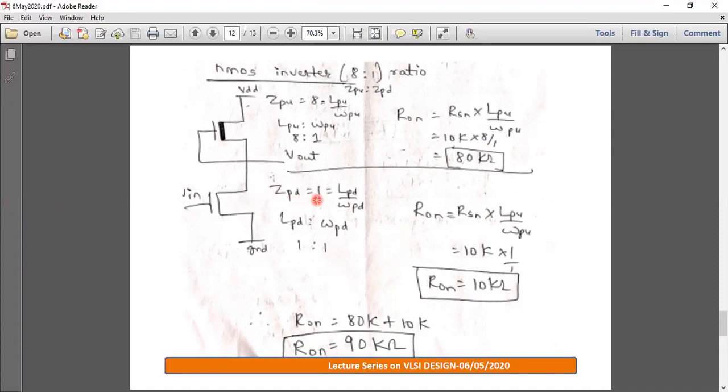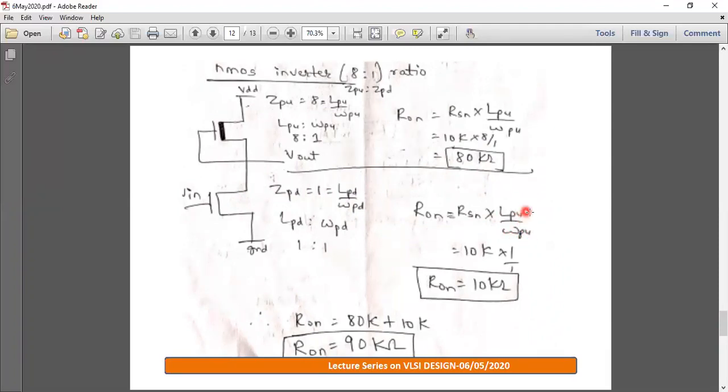Pull-down ratio is 1. So ZPD is 1 and Z can be written as L by W. So L by W for pull-down is 1. Now let us compute the resistance for the pull-down device. So resistance for the pull-down device is given as sheet resistance into L by W of the pull-down device.